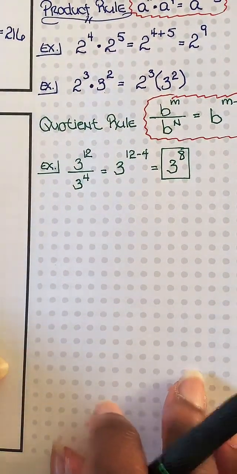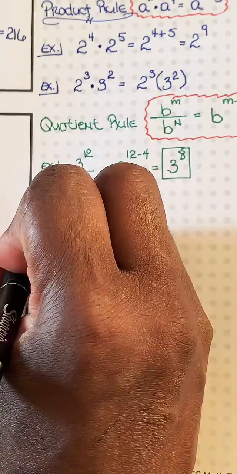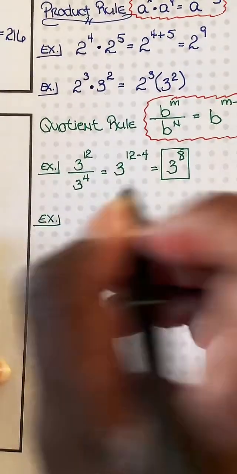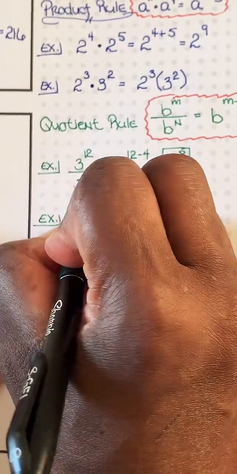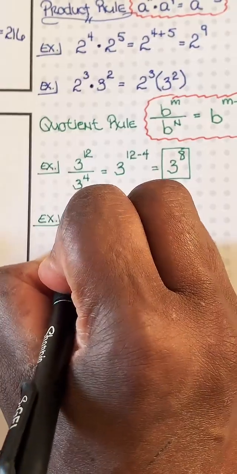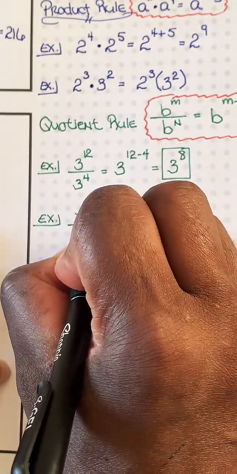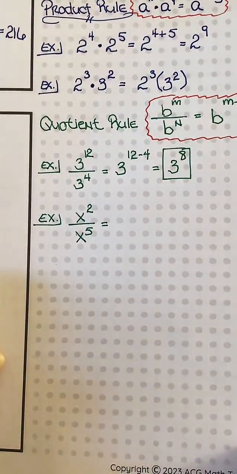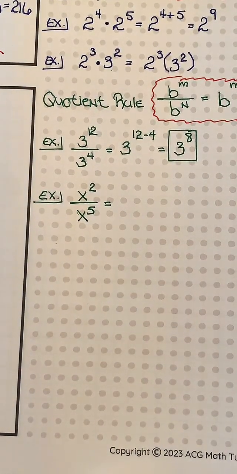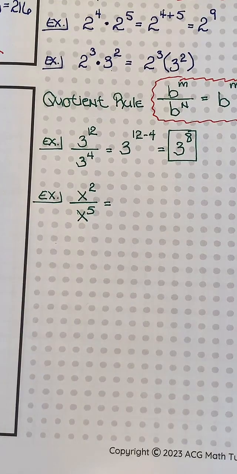So let's try another one. So if we have x squared divided by x to the 5th. Okay. x squared divided by x to the 5th.